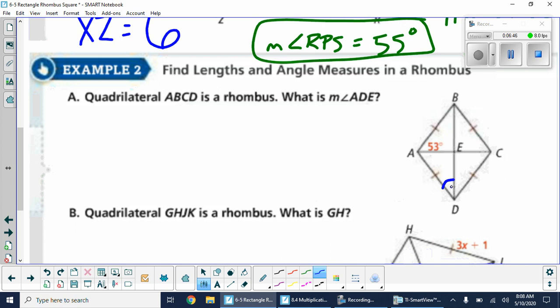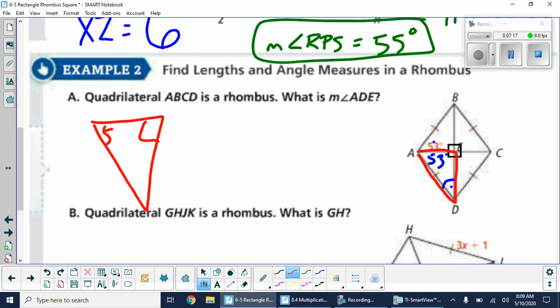Well, here's how we'll start. If this is 53 degrees, then that means this right here is 53 degrees. And what else did we talk about? We talked about in a rhombus, the angles that are in the middle are all right angles. They're all 90. So if we look at this as a triangle, we have this is 90 degrees.